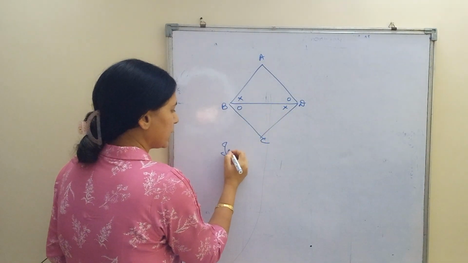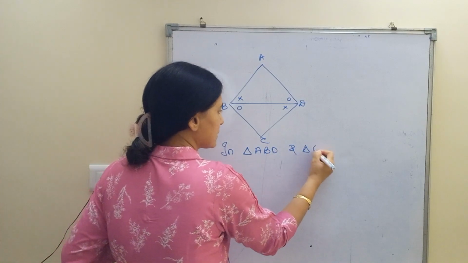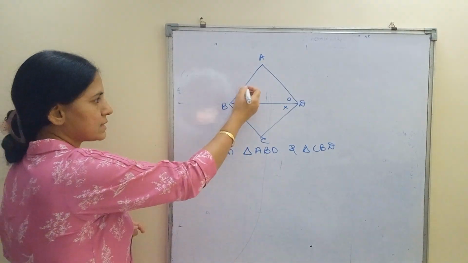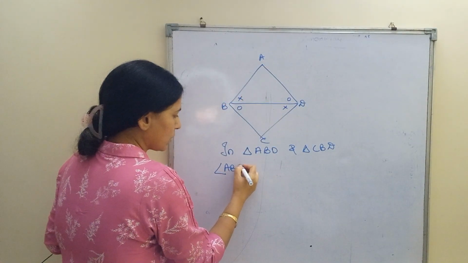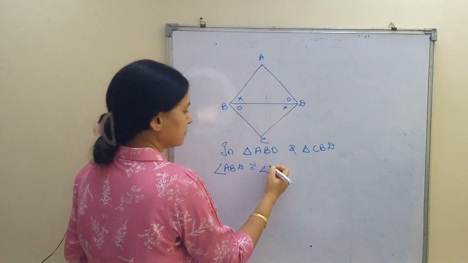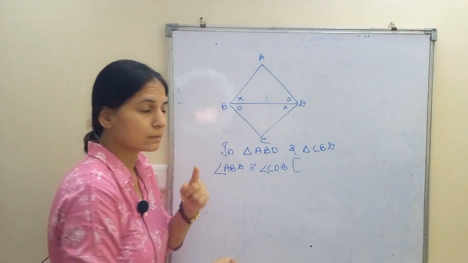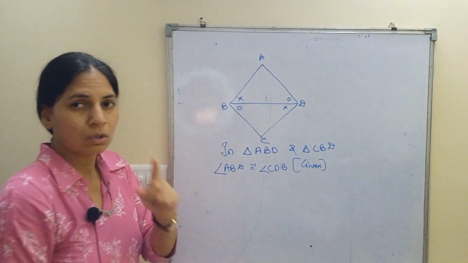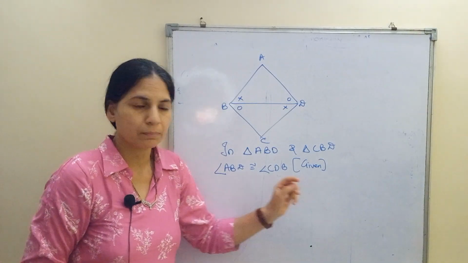Now in triangle ABD and triangle CBD, my dear children, look here. Angle ABD is congruent to angle CDB. Why? Given. They have given you. Always mention the reason, otherwise your marks will be deducted.